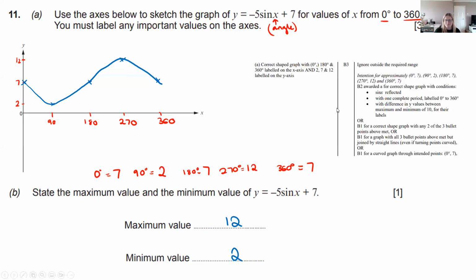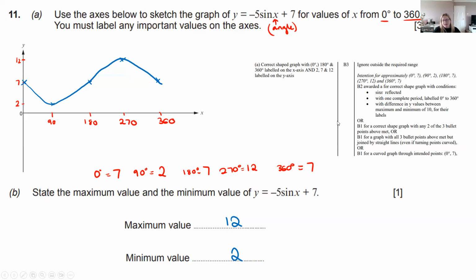The first one: correct shaped graph with the values of 0, 180, and 360. So we've done more than enough, showing the 2, the 7, and the 12, as long as they were there. Then it says intention for approximately those values, which is what we've also shown. So we've made sure we've got all the points.